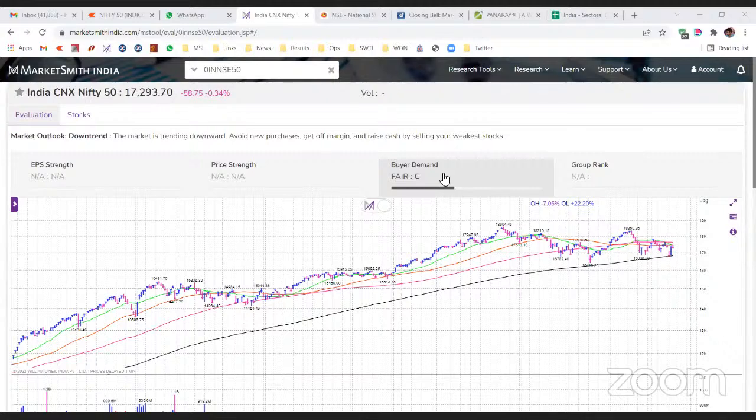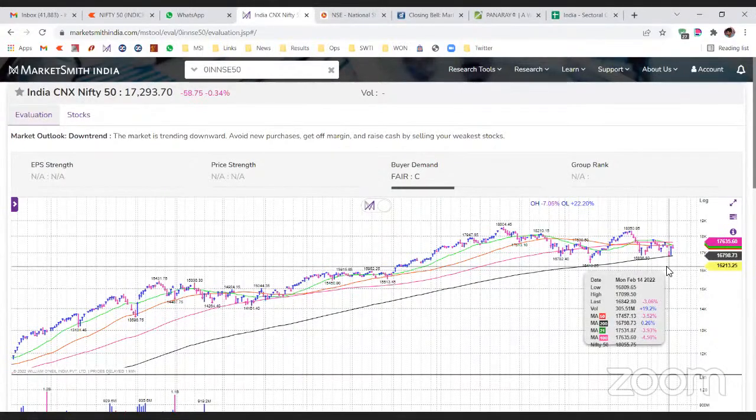So the US Fed has to increase interest rates. That is a major reason the fall is happening in the markets. The same thing is happening in the US market and the UK market as well. So this is a repercussion of global markets that we are seeing in the Indian markets. One is inflation, another is the geopolitical tensions.